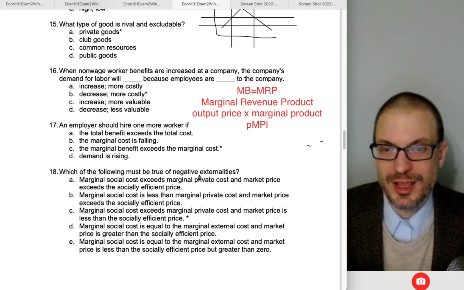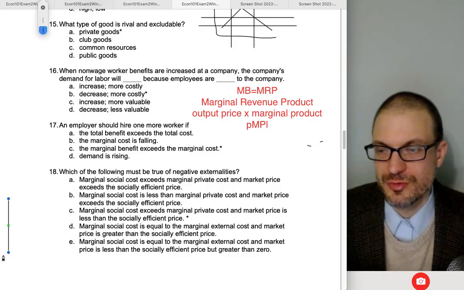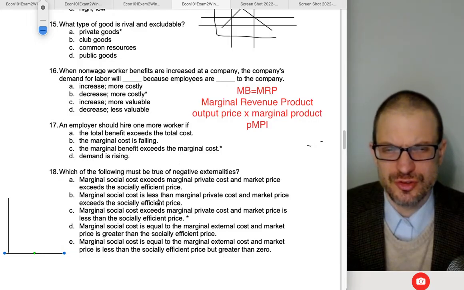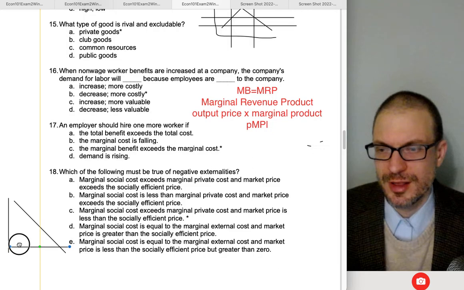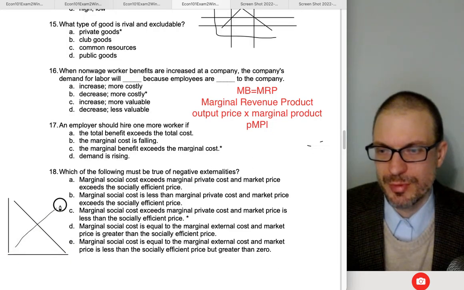Which must be true of negative externalities? Well, marginal social cost exceeds marginal private cost. Market price is less than the socially efficient price. So it's really helpful just to think of, as soon as you see the structure of this question, what's it doing? Here's the marginal private benefit. Whoops, here's the marginal private cost. Here's the marginal social cost.